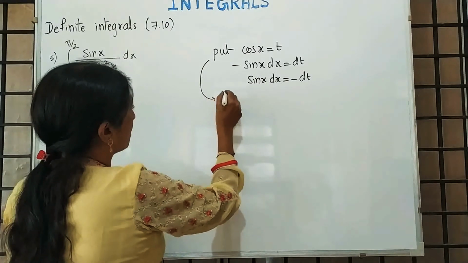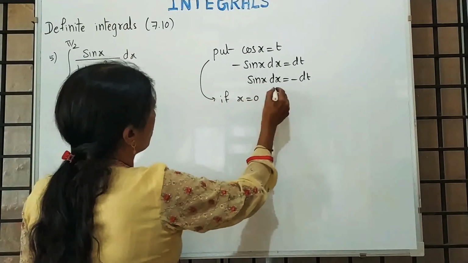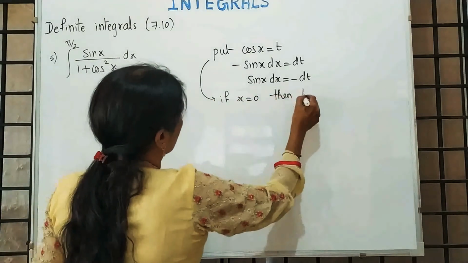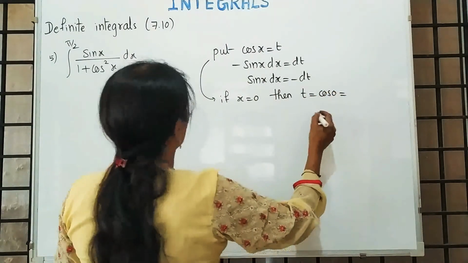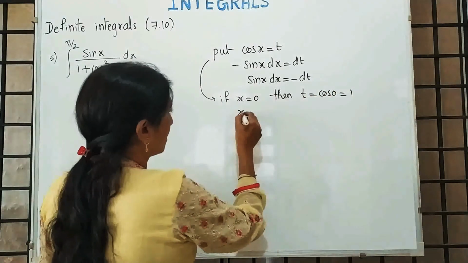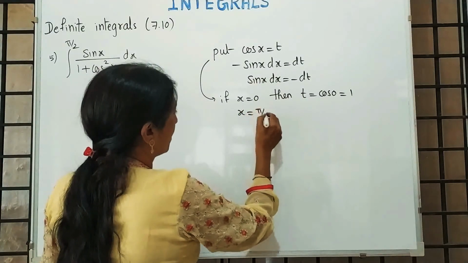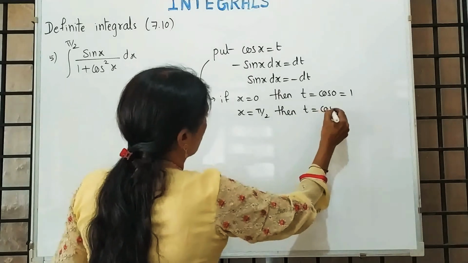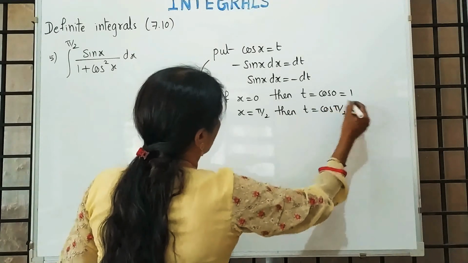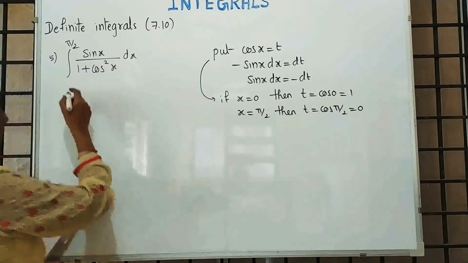Here if x is 0, then t is equal to cos 0. Cos 0 is what? 1. If x is pi by 2, then t is equal to cos pi by 2. Cos pi by 2 is 0.